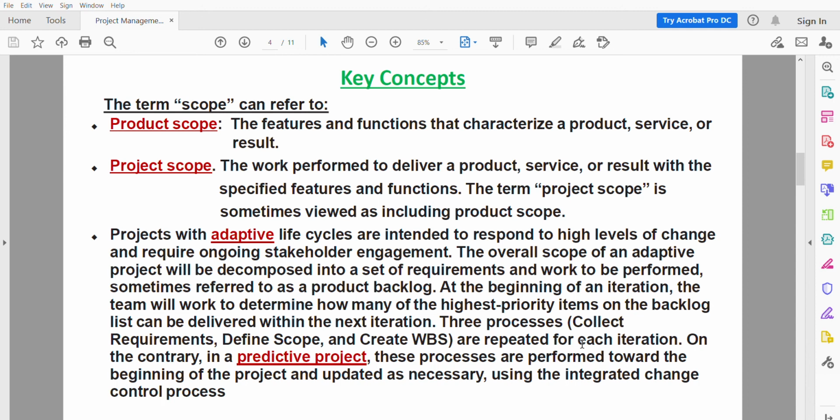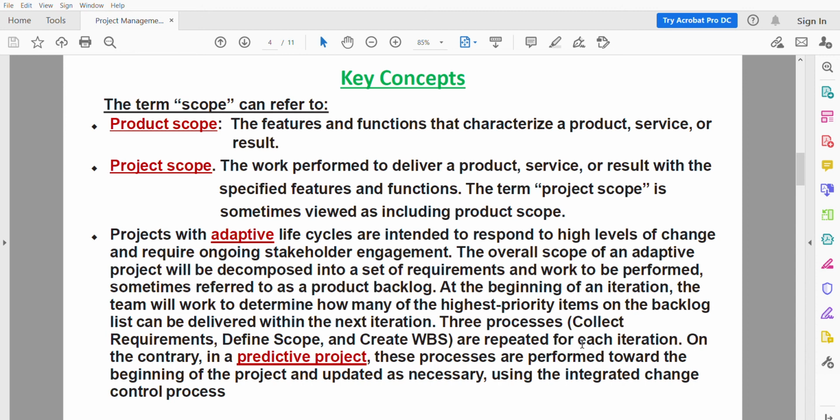So agile methods deliberately spend less time trying to define and agree on scope in the early stages of the project, and actually spend more time establishing the process for its ongoing discovery and refinement.